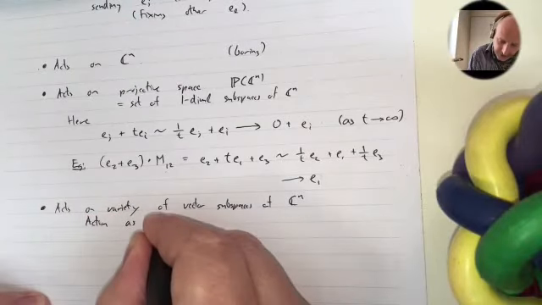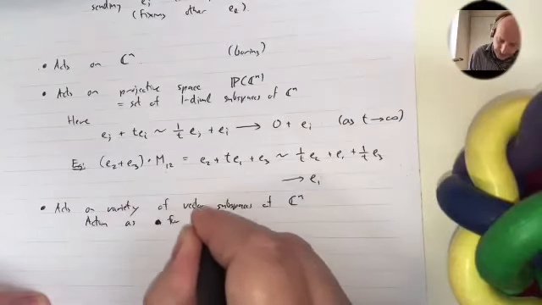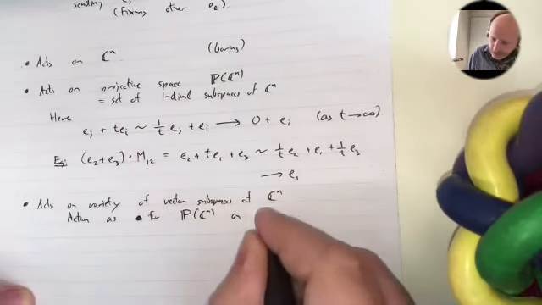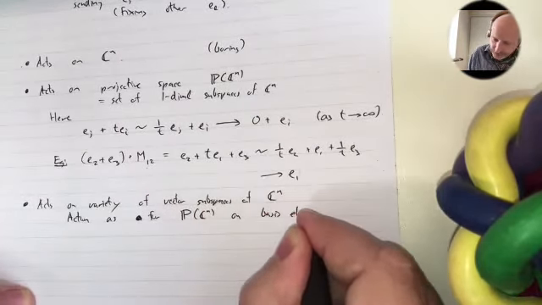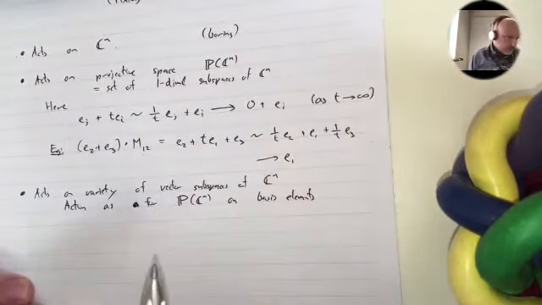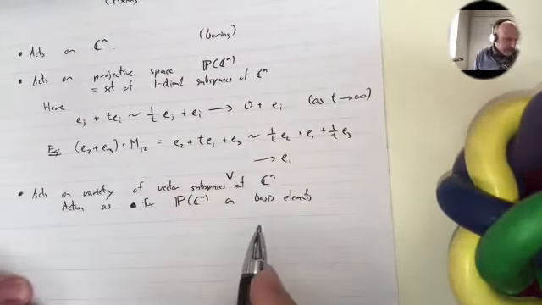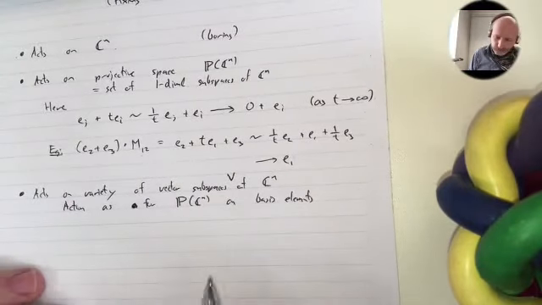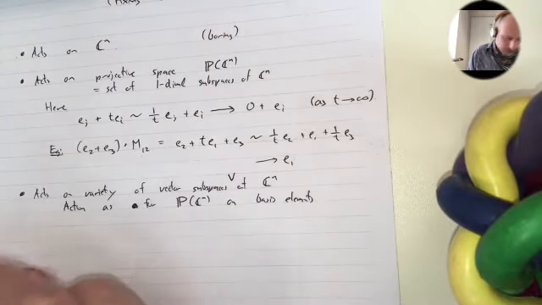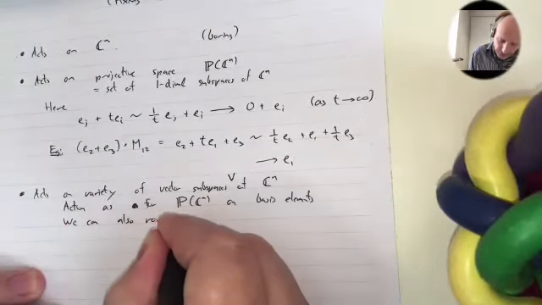So the action is as for P of Cn, on the basis elements of whatever vector subspace V, and we can also row reduce.